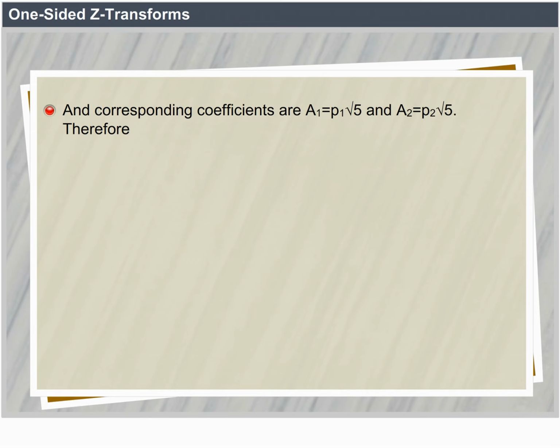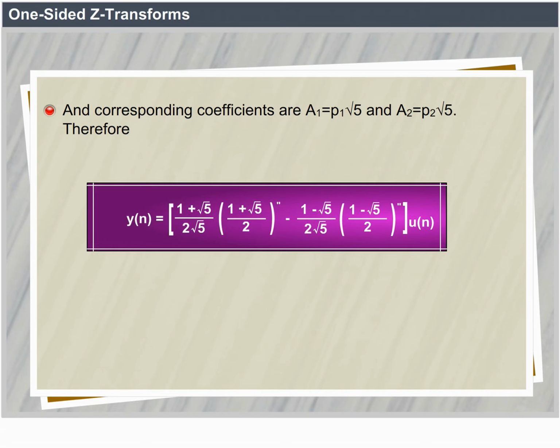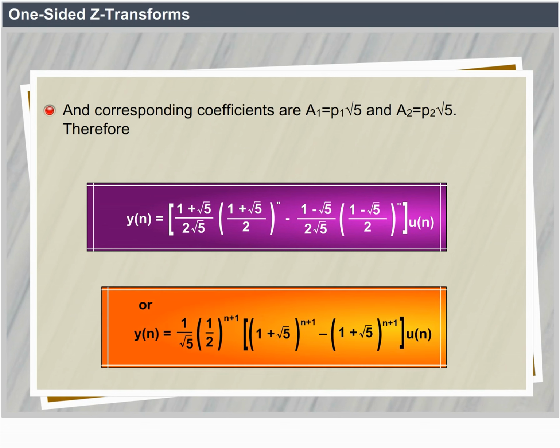Therefore, y of n equal to 1 plus root 5 divided by 2 root 5 into 1 plus root 5 divided by 2 whole power n minus 1 minus root 5 divided by 2 root 5 into 1 minus root 5 divided by 2 whole power n into u of n, or y of n equal to 1 divided by root 5 into 1 by 2 whole power n plus 1 into within the bracket 1 plus root 5 whole power n plus 1 minus 1 minus root 5 whole power n plus 1 into u of n.